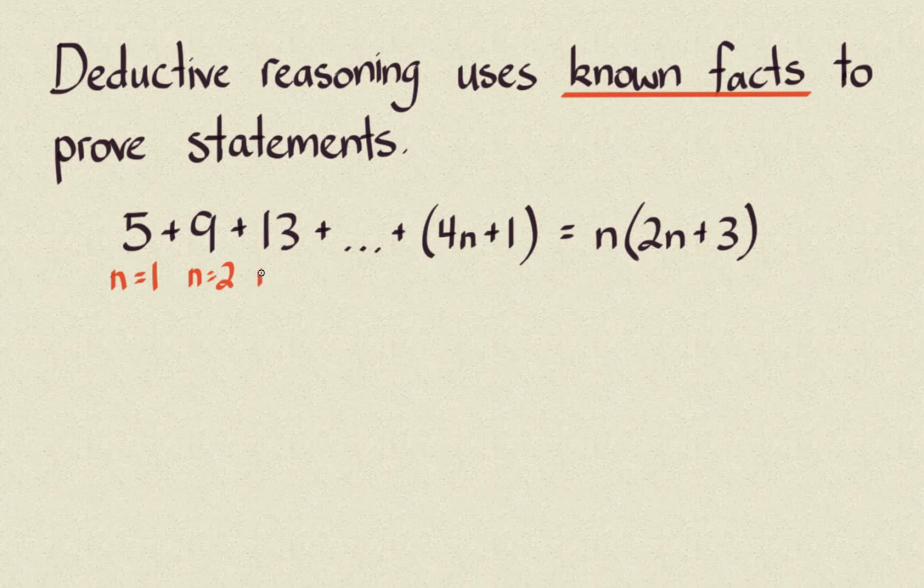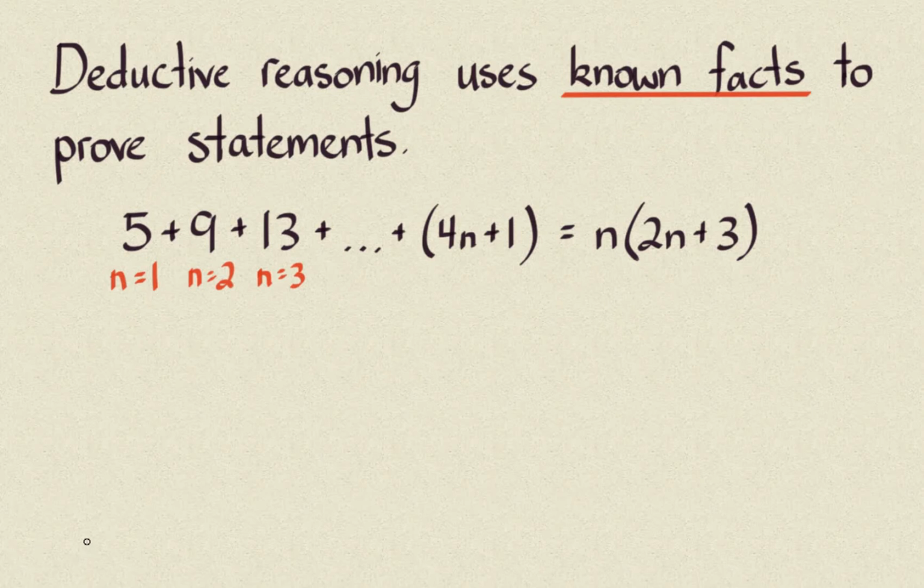And so you can see that every term does indeed follow this pattern of 4n plus 1. But the overall statement is saying that this series on the left-hand side is actually equal to this expression, n outside of 2n plus 3.